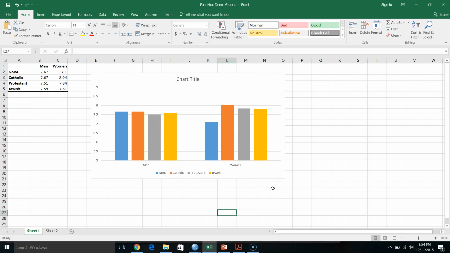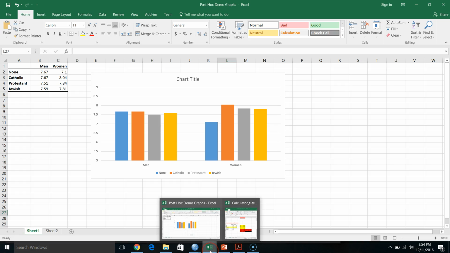Everything else is failing to meet criteria for statistical significance, and mostly because we've conservatively corrected for 15 comparisons in an effort to account for this exploratory analysis, this exploratory decomposition of this interaction.